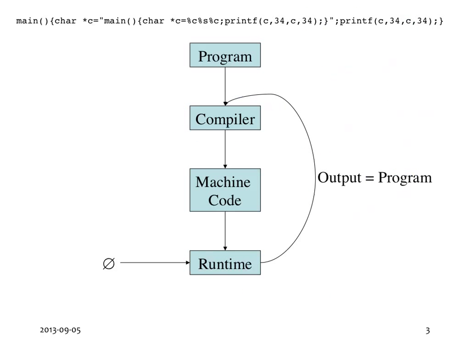Now, if you look at programs as data, let's look at a case where you have a program and when you run it, it produces output. The usual way you think about a program is that it produces some output, which is a data file or some kind of output that you can interpret.